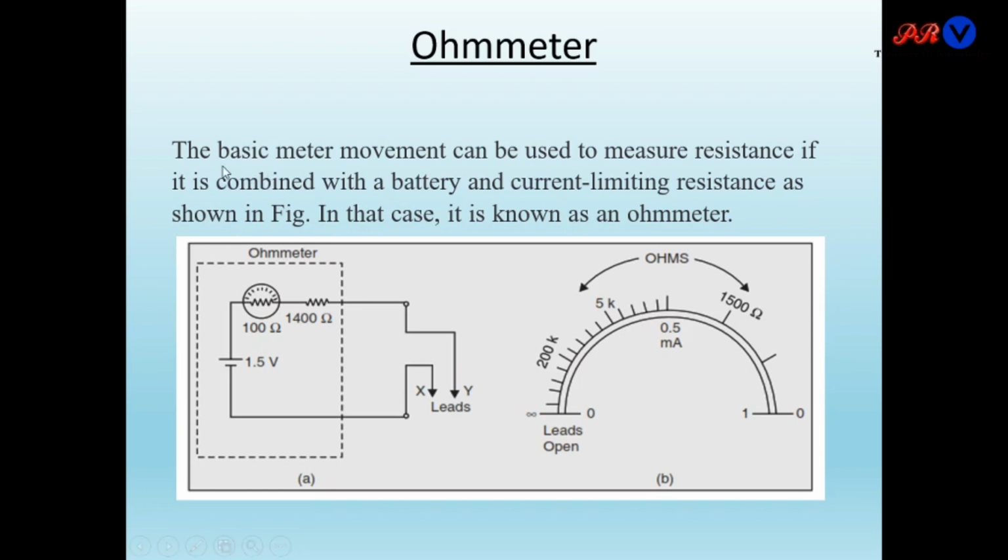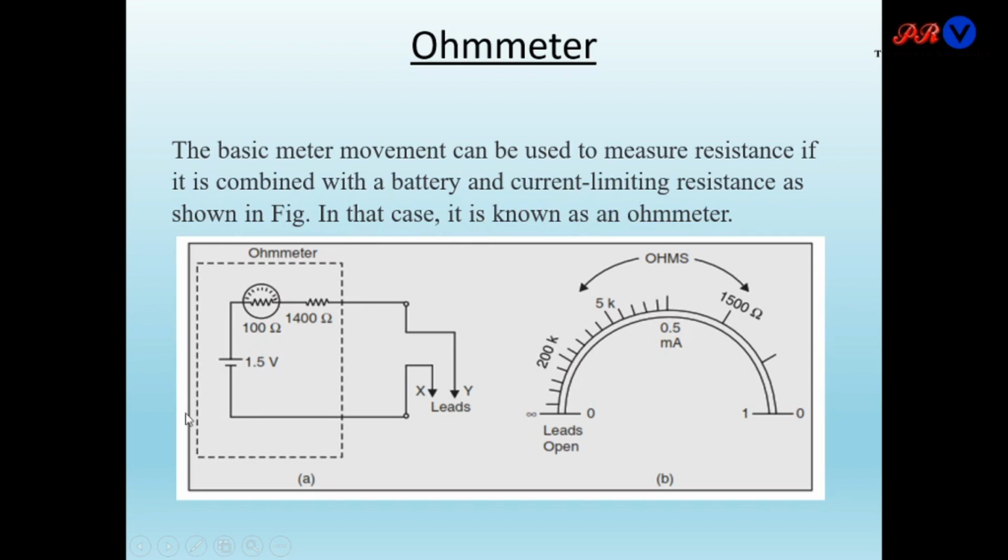So the basic meter movement can be used to measure resistance if it is combined with a battery and current limiting resistance as shown in figure. In that case, it is known as ohm meter.